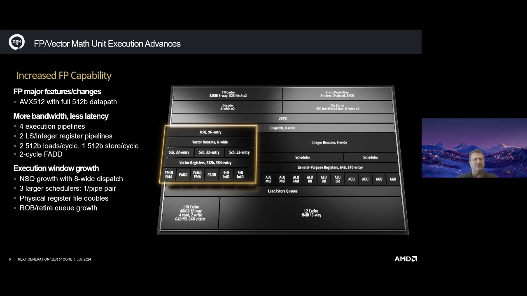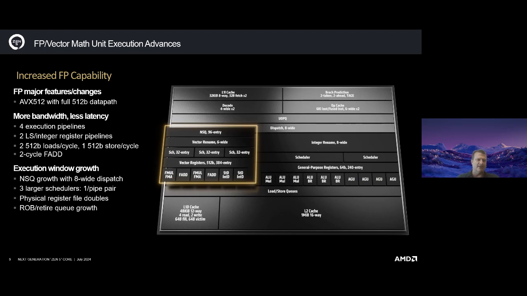So if they don't have to share and do FP to ints over to the integer side for those types of instructions that are moving data between the floating point and integer side. As I mentioned, we can do 2 of those 512-bit loads per cycle, 1 512-bit store per cycle. We can still do 2 smaller floating point stores per cycle. And we were a 3-cycle floating point add before. We were able to cut that down to 2 cycles in some scenarios.